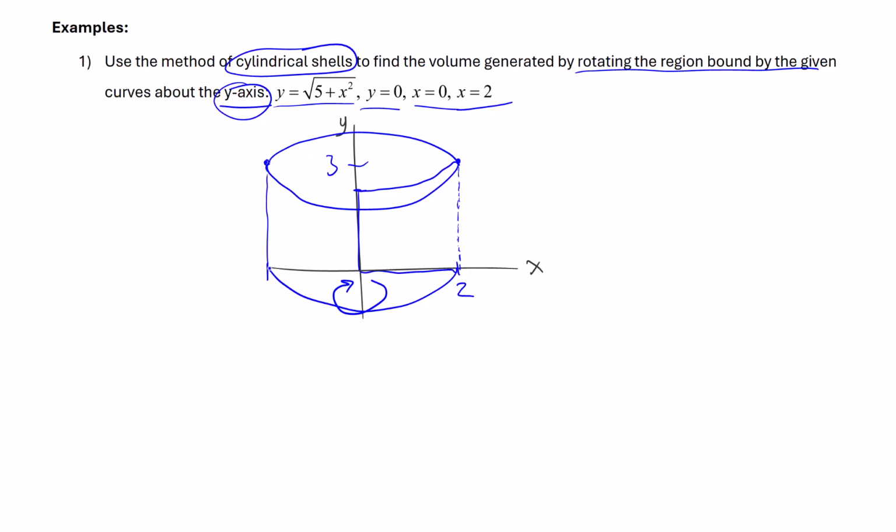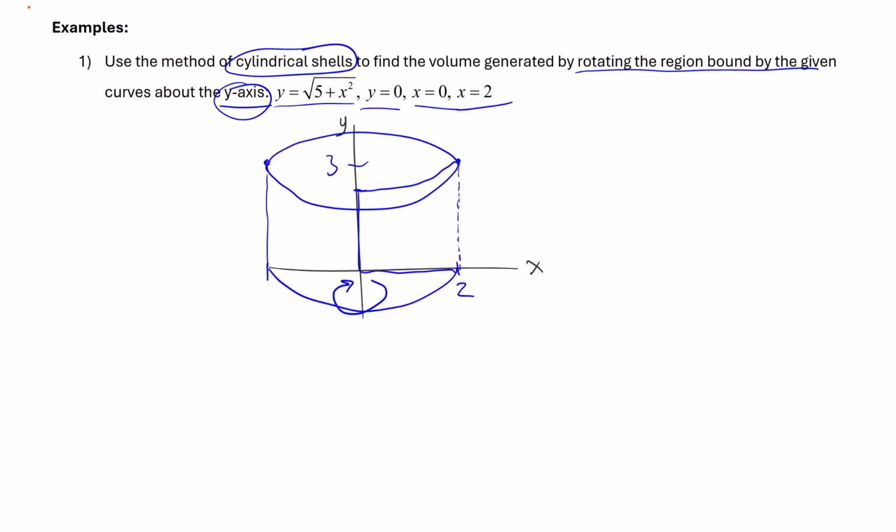Now in doing that, we were told to use cylindrical shells, so we'll do that. We need to basically understand the components of this. Notice then, if I were to create some shells on here, which I'm going to try to draw for this first example. It's not always easy to draw these, especially because the visual can get challenging.